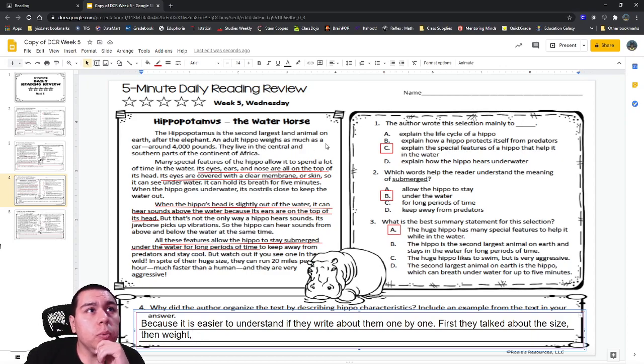The adult hippo weighs as much as a car. Many special features of the hippo allow it to spend a lot of time in water. Its eyes, ears, and nose are all on top of its head. Its eyes are covered with a clear membrane or skin. So what did they talk about after the weight? Okay, Christopher. What do they talk about right here?